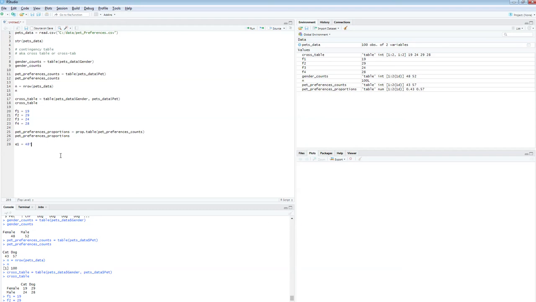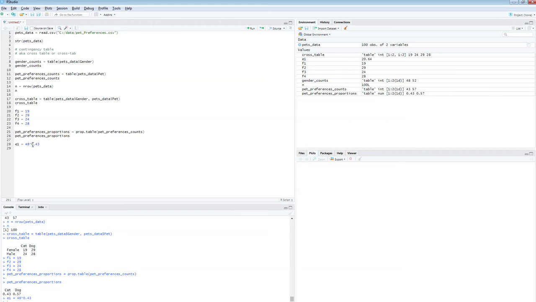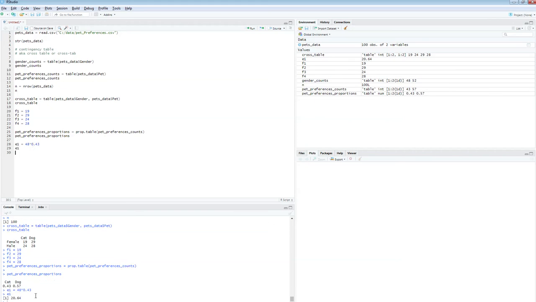So out of 48 females, if the null is true, 43% would prefer cats. If I multiply 48 by 0.43, I'm going to find that the E1 frequency is going to be 20.64. If the null was perfectly true, then 20.64 females out of 48 prefer cats.